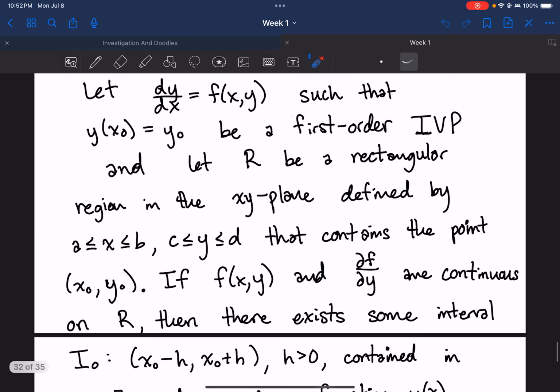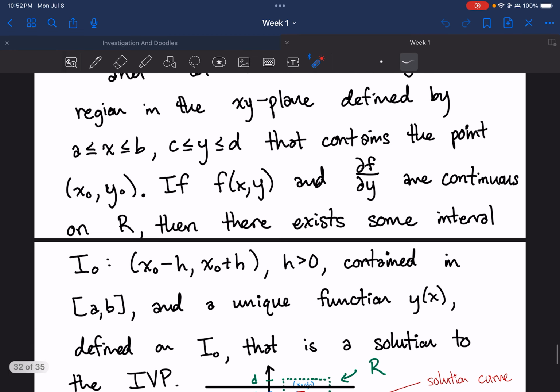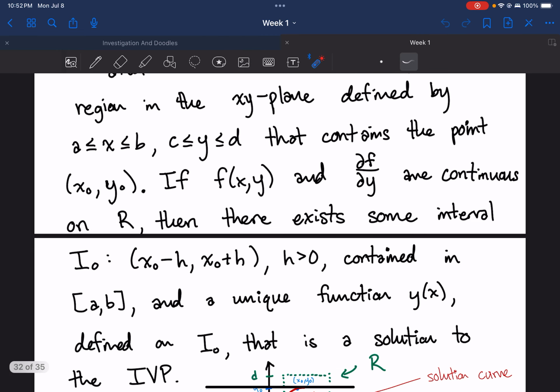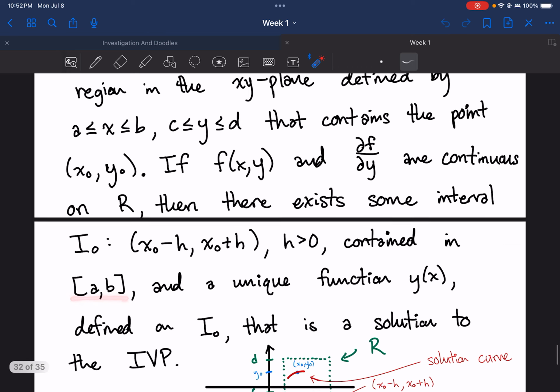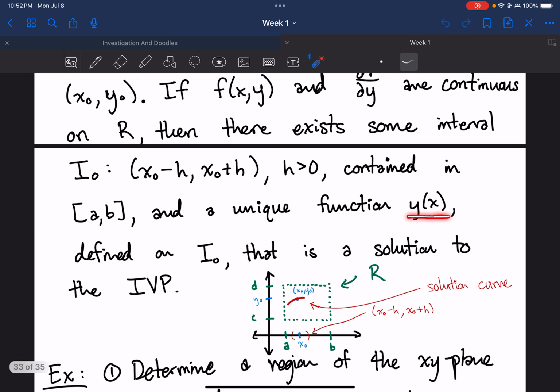If this function on the left-hand side, f of x and y, and its partial derivative with respect to y are continuous on this rectangle, then there exists some interval I around x naught contained in our rectangle, and a unique function y of x defined on this interval. That's a solution to the initial value problem.